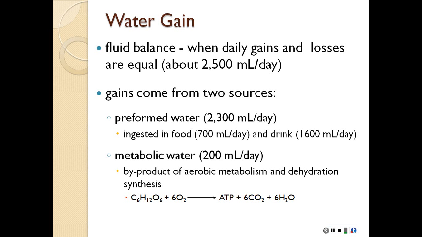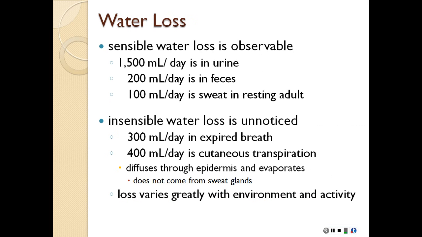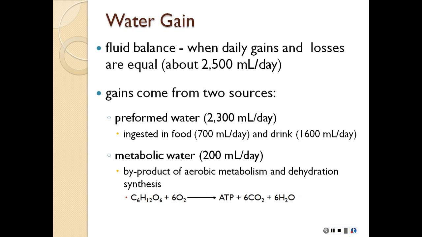Aerobic cell respiration. Good. Aerobic cell respiration. And so in this reaction, we start off with C6H12O6. What is that? Glucose. So we start with glucose and oxygen, and the cell is able to convert that to ATP, recharge the ATP.